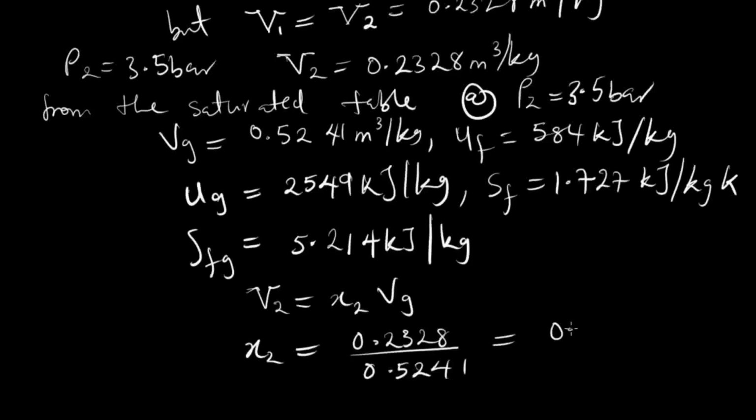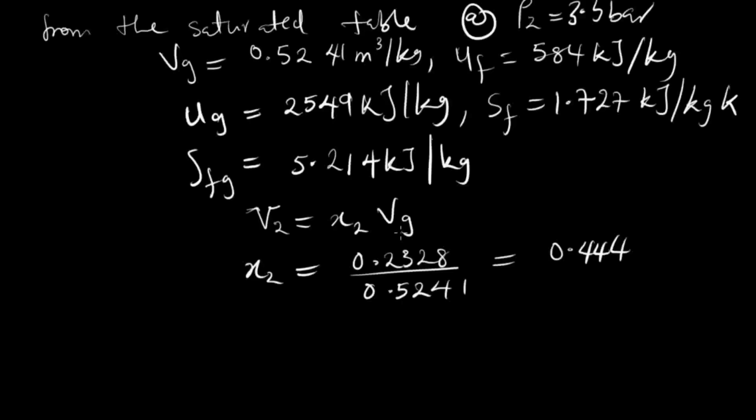So dryness fraction is 0.44. Of course, it's less than 1. So the state at the second state is wet. It's under a wet condition. So we're going to move to the next page. This page is finished. We have reached the end of the page. So move to the next page.